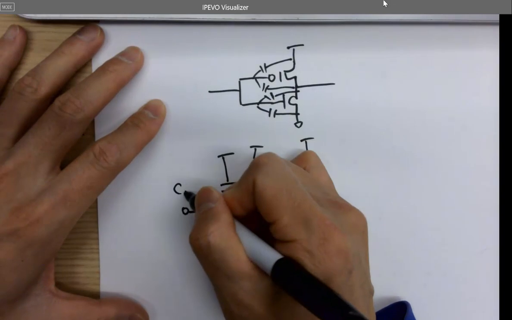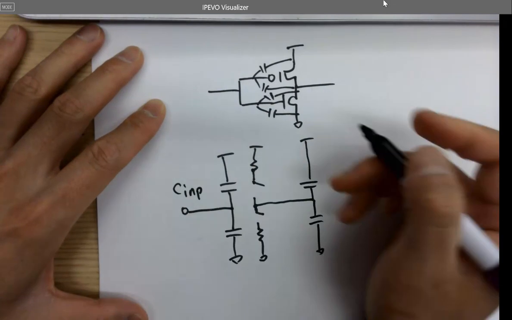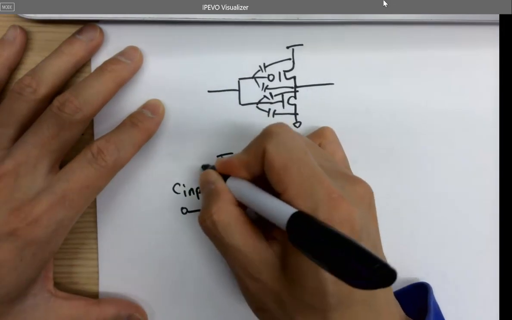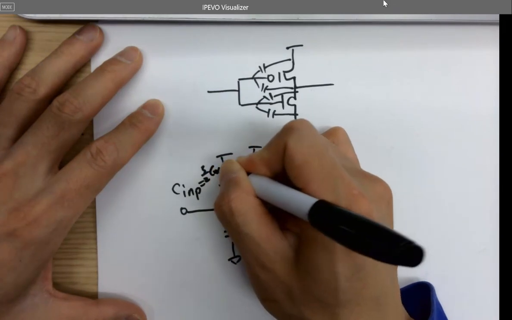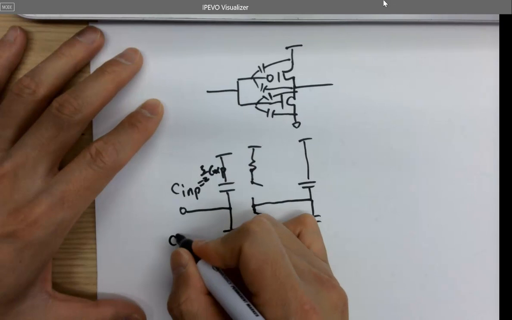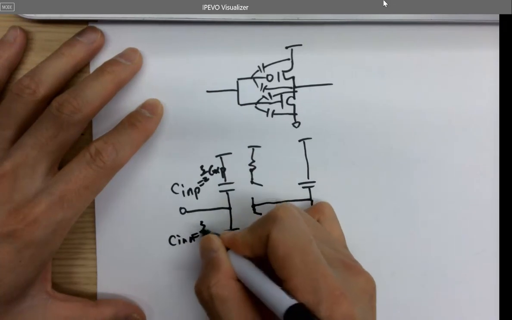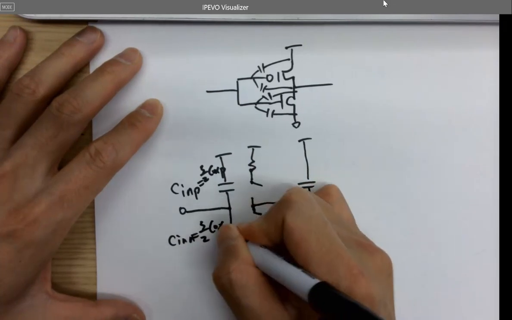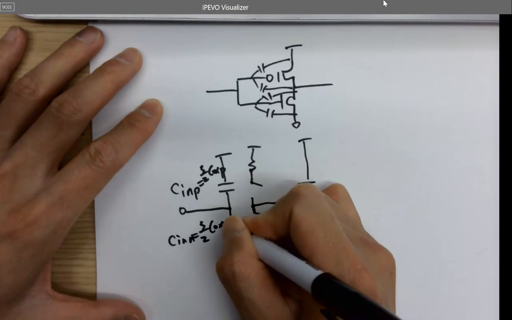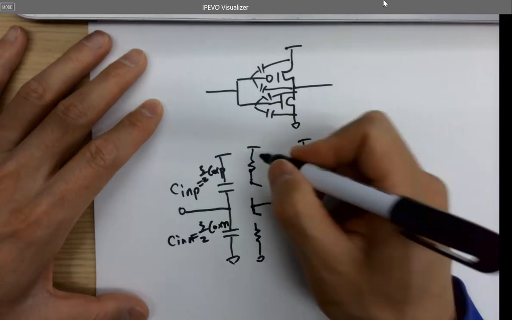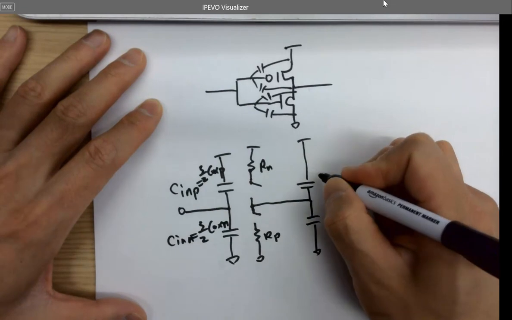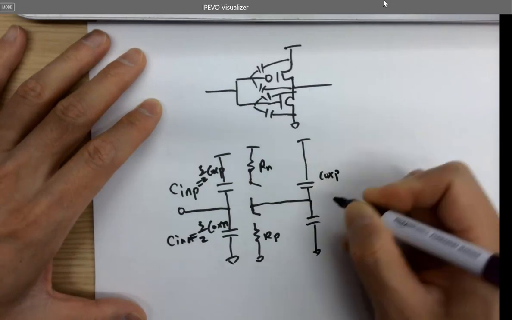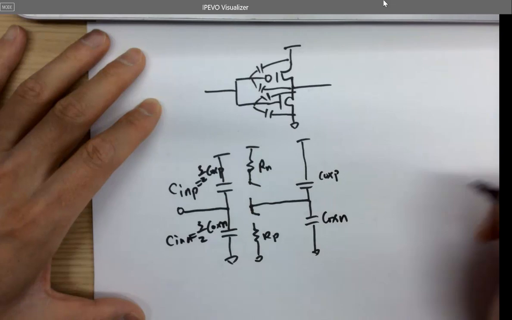So this is Cin, the input capacitance of the PMOS, which is 3/2 of COXP, right? And this is Cin, which is 3/2 of COXN. This is Rn, this is Rp, and this is COXP, COXN.